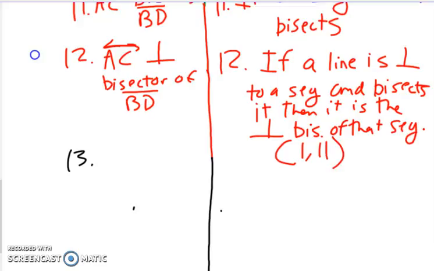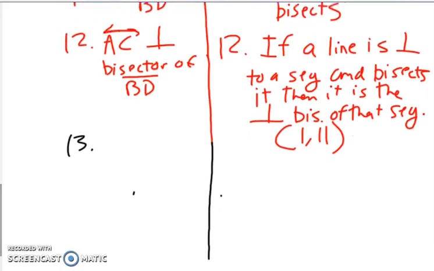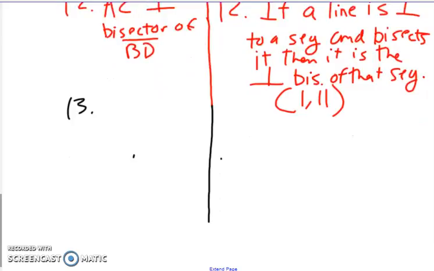Okay, so now we've shown that AC is the perpendicular bisector of BD. We've shown that P is equidistant from B and D, and that's enough to say that P lies on AC. And the reason for this is this new reason.